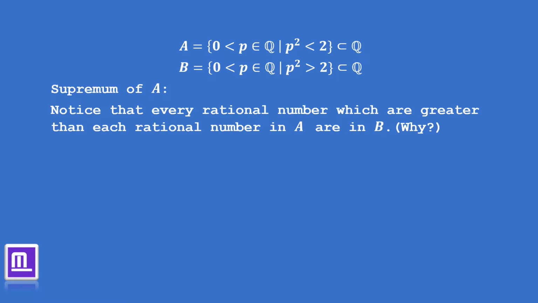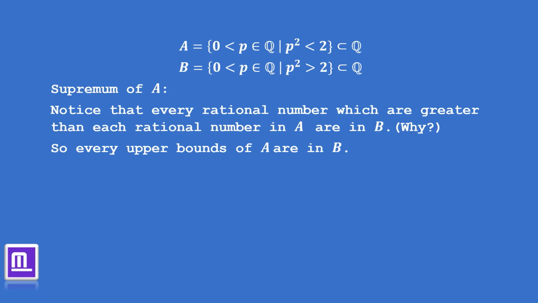Therefore, if there exists a rational number which is greater than every element of A, then it must be in the set B. So every upper bound of A is in B. That means B is the set of all upper bounds of A. If the supremum of A exists, it must exist in B. That supremum must be the least among the upper bounds.